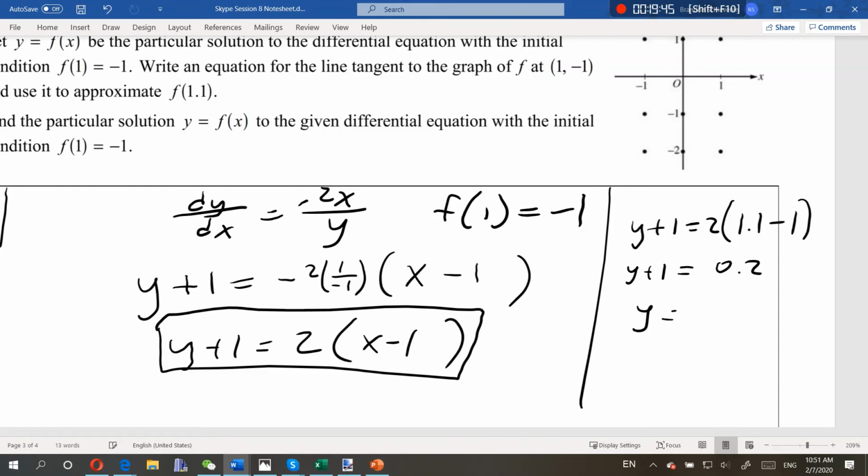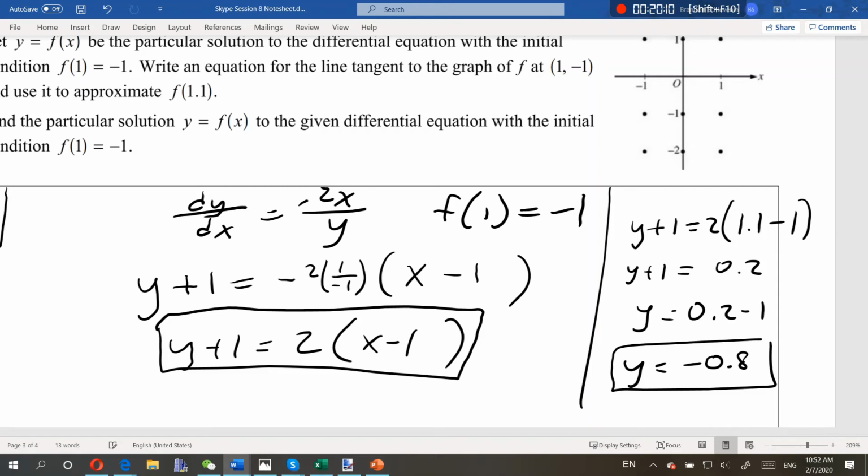So I've got 0.2 minus 1. What is 0.2 minus 1? Okay, negative 0.8.